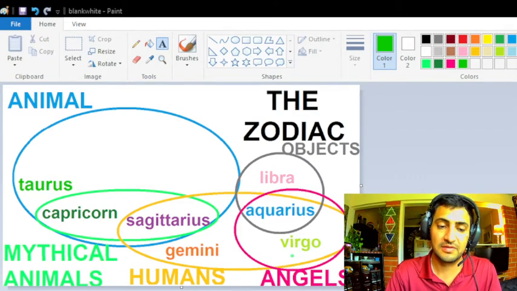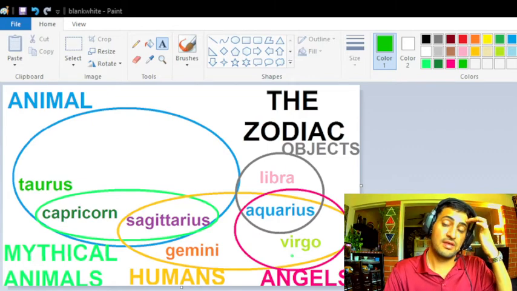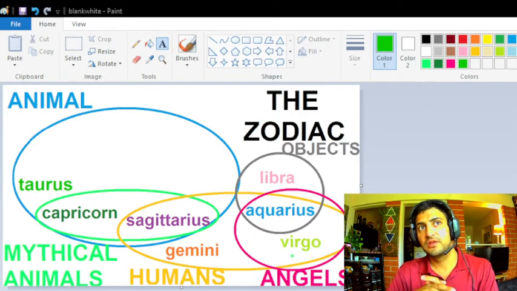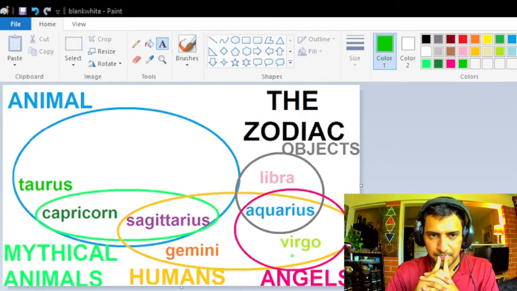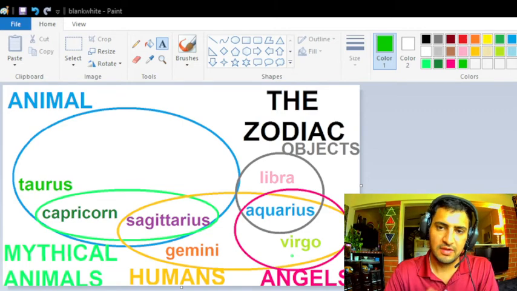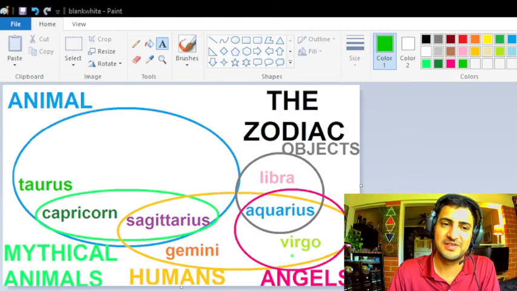You know, just like all these other signs I'm about to go through. They're more intuitive. Taurus, like Capricorn, is very practical, very down to earth, not interested in woo woo or crazy stuff.